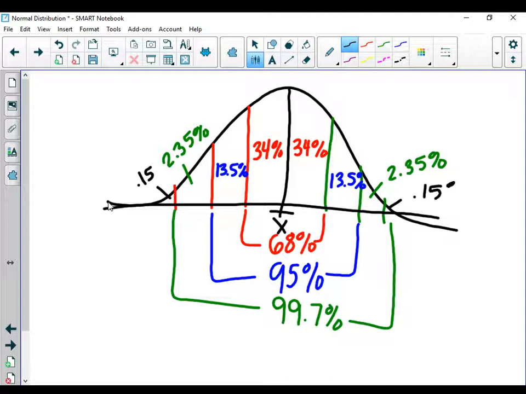Okay. So you can approach this 2 different ways. You can memorize those 3 percentages, 68, 95, 99.7, or you can memorize the other percentages. My biggest suggestion is taking every single problem we do and putting those percentages in every single time. The more you write them, the less you're going to forget them, I promise.